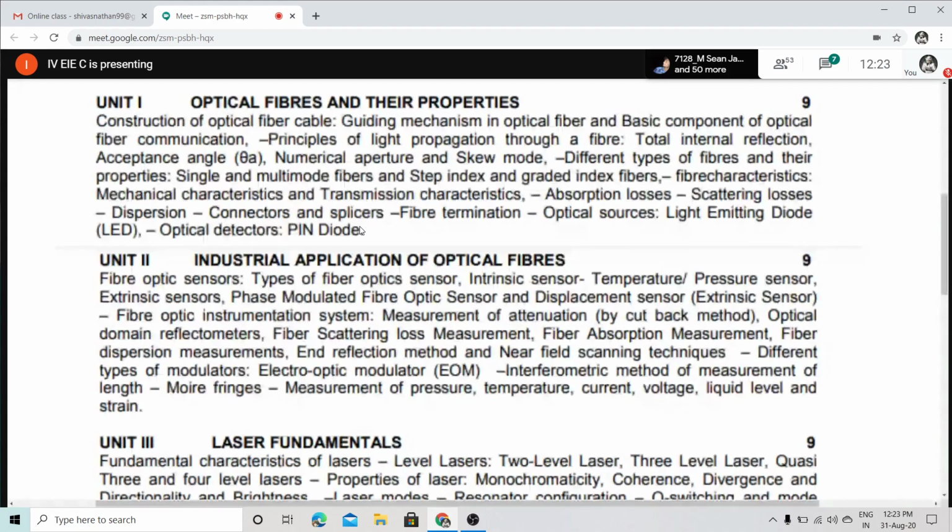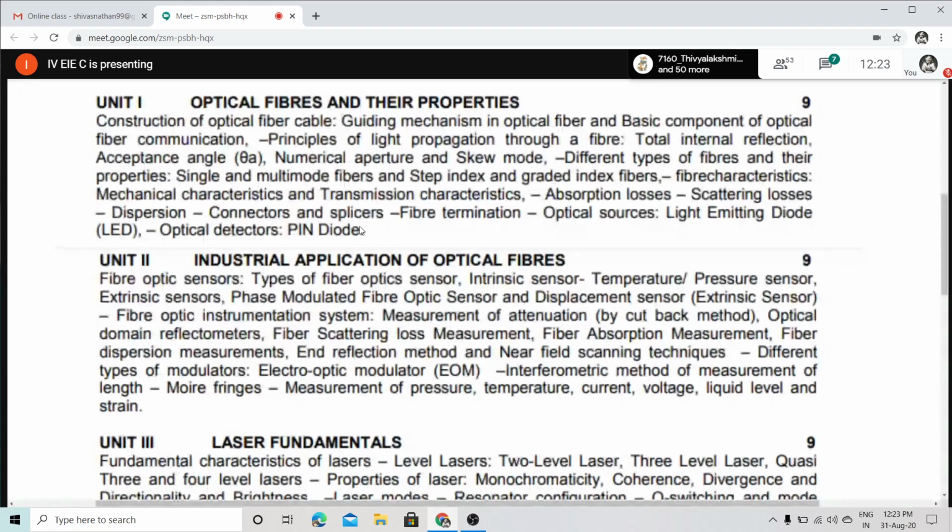Under dispersion measurements, end reflection method and near field scanning techniques will be included. So we will study about dispersion measurements. After that, you will study end reflection method and near field scanning techniques. So this completes your fiber optic instrumentation system.